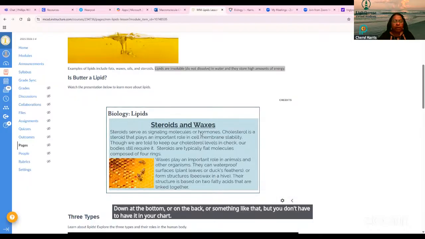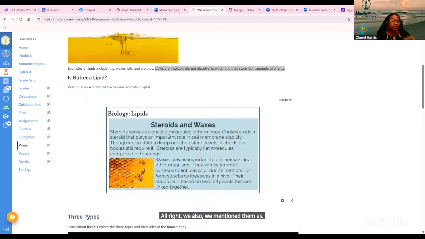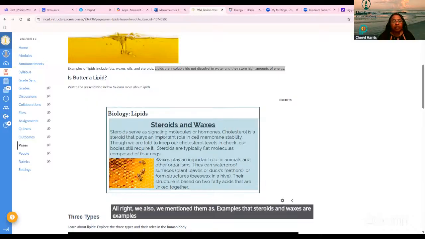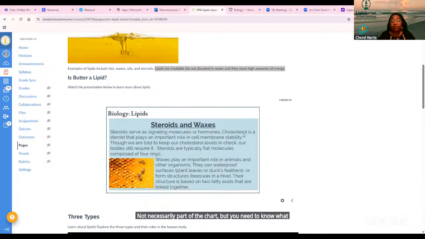All right. We mentioned steroids and waxes as examples. Steroids are signaling molecules. So you need to know the vocabulary, not necessarily part of the chart, but you need to know what a steroid is. And cholesterol is a type of steroid. So that's what I was just talking about, the cholesterol that plays an important role in the cell membrane.